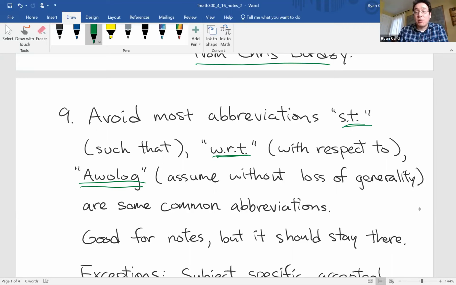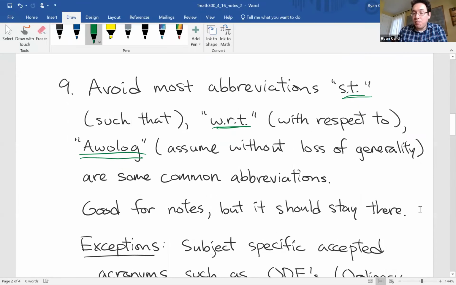These are good things to have in your notes when you're writing to yourself. But if you're writing to an audience, like a proof, which is written for somebody else to consume, then you should drop those abbreviations when you're writing the final draft of the proof.